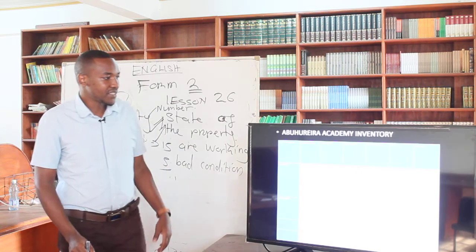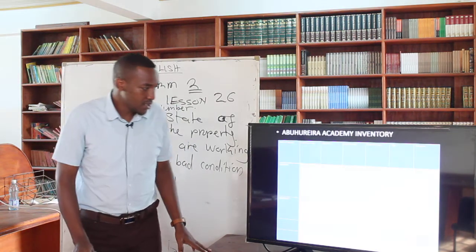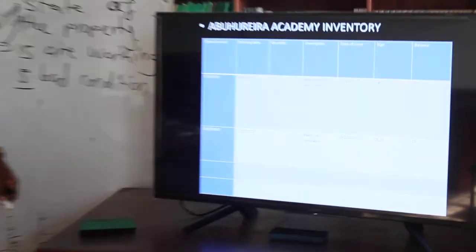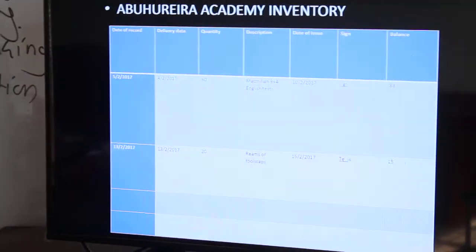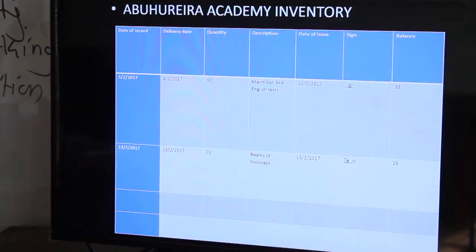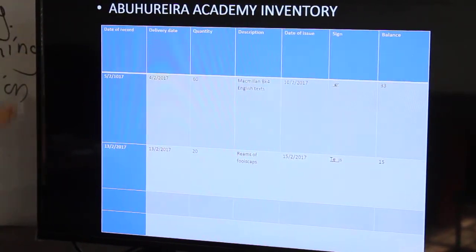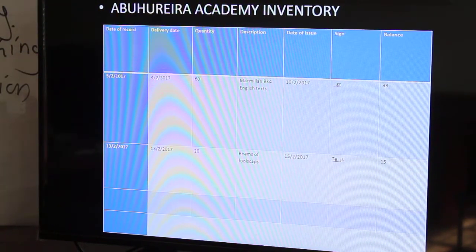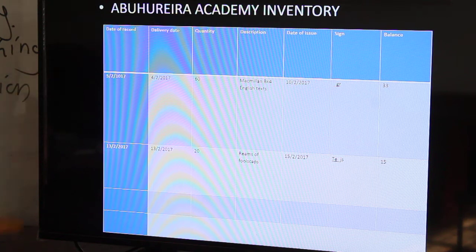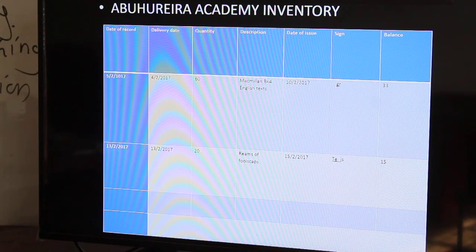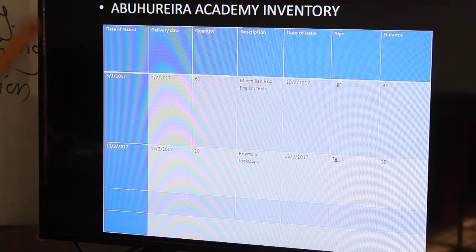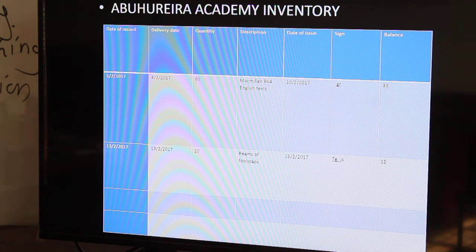Now, we have a sample here on our screen. We have the date of record, which day it was recorded, and the delivery date, which day it was delivered. Then we have the quantity, how many they are. Then the description, which ones they are, the date of issue, the signature, and then maybe the balance.